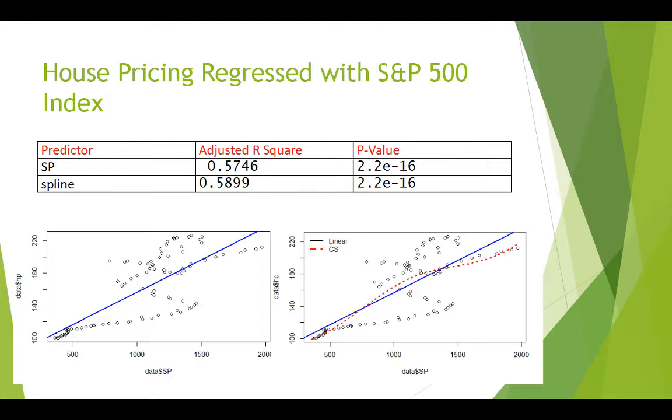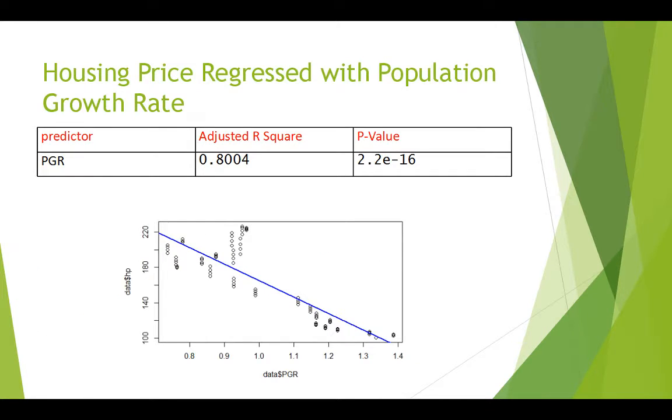The S&P 500 index reflects the return on investment, which will make people have more money, and they are willing to pay a higher price for the same house. Same as population growth rate. The effect of the age of the population growth is unclear. Normally, the house price rises when the population growth rate increases. However, the people aged between 20 and 40 are the ones who actually demand a house.